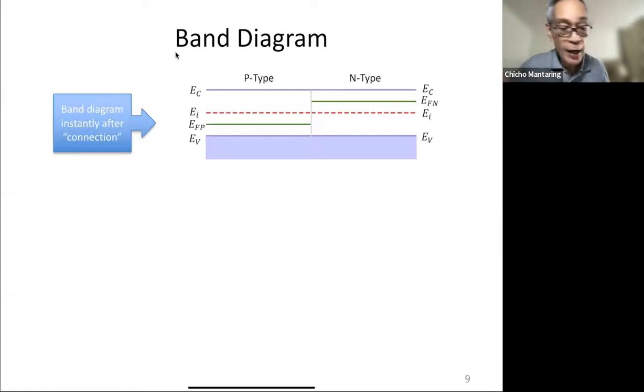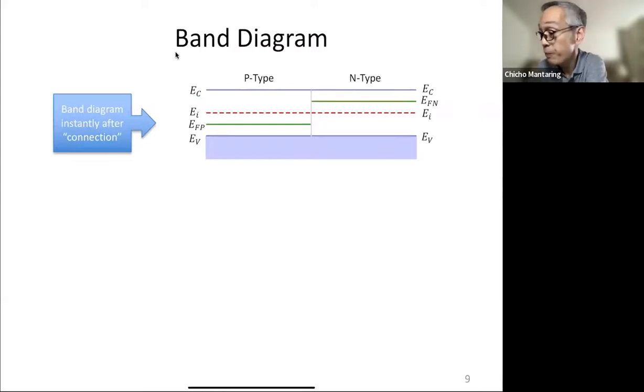Okay, this is the energy band diagram of the PN junction at the instant it was created. So let's assume that I magically was able to create a PN junction at that particular instant. This is how the band diagram of your PN junction is going to look.